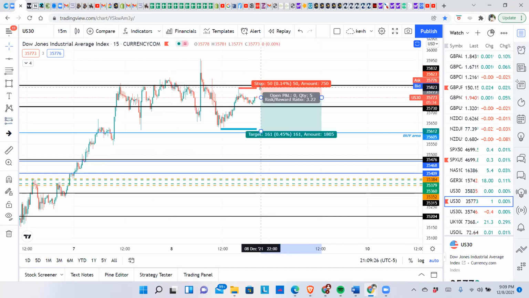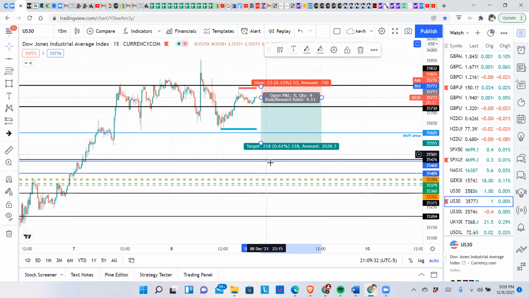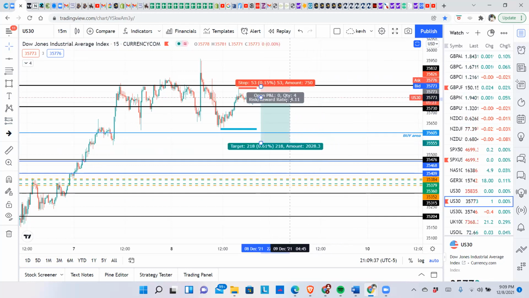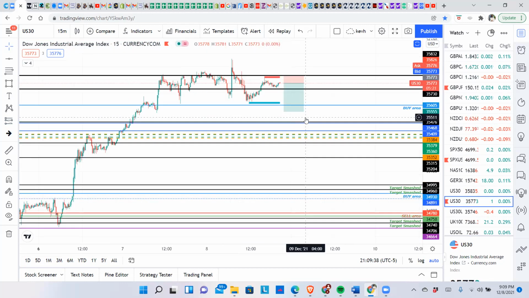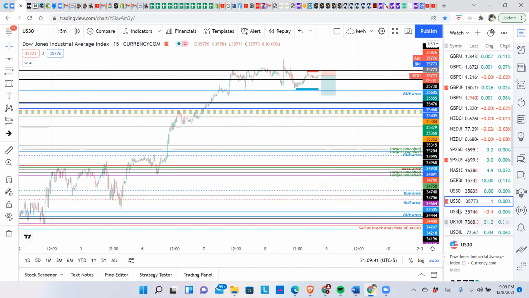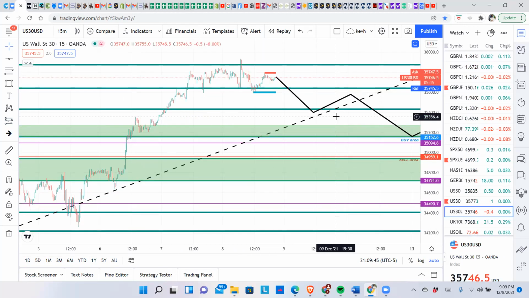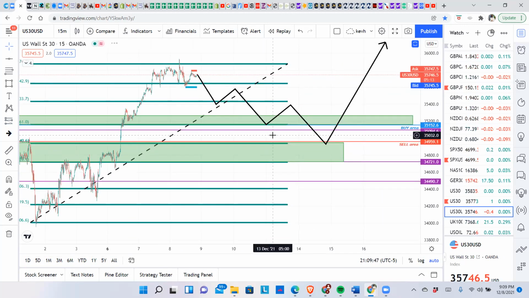I'll have my stop loss above this area right there. But don't forget, we have a long-term trade with the US 30, a long-term sell projected all the way to 35,000.